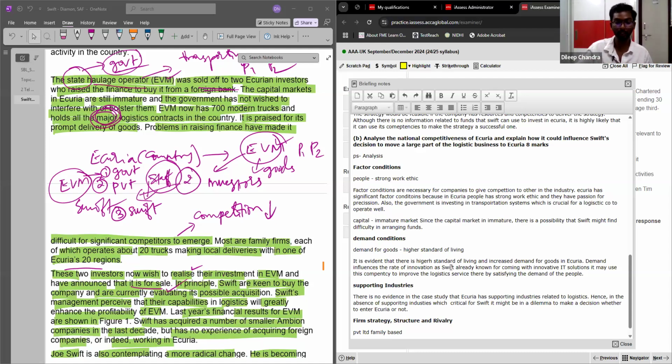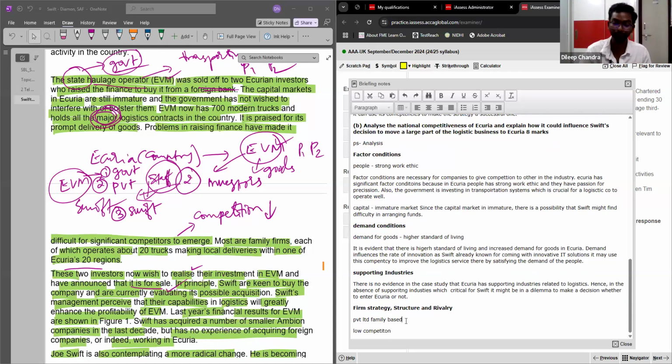If these goods are being transported, maybe covers for those goods. At the same time, what else? People who carry these goods from one place to another, right? Deliver these goods to the ultimate customers. That is supporting industry, right? So since this information is not there, I'm saying that maybe the company will be in a dilemma whether to enter into that country or not.